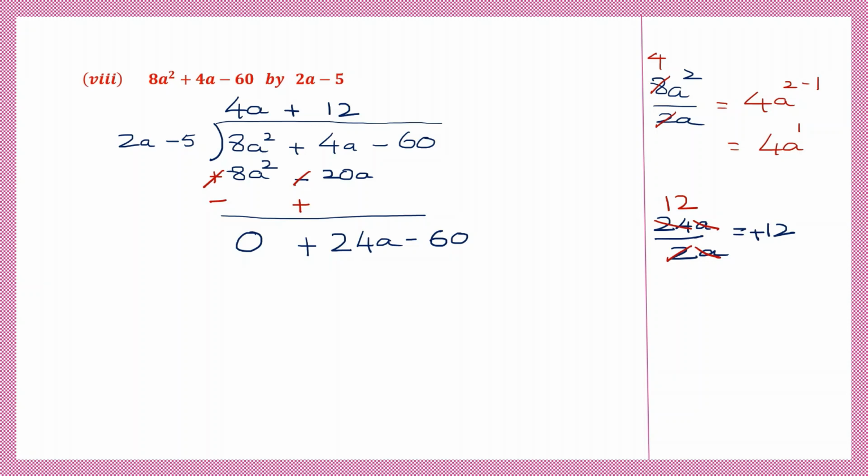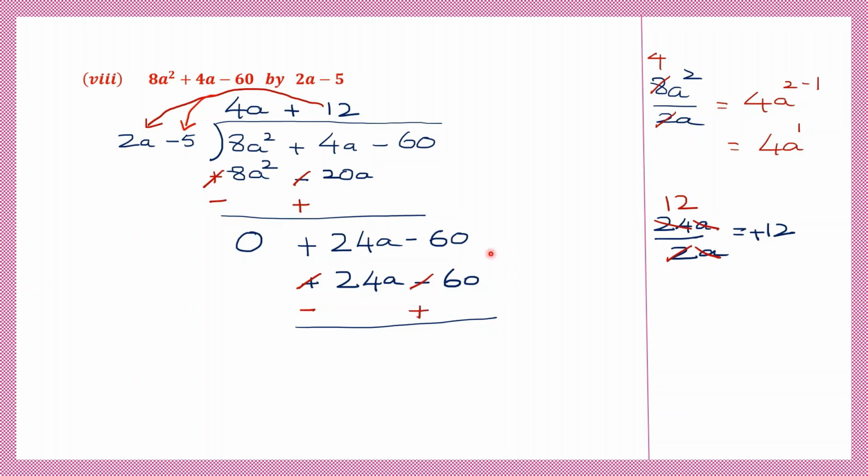Now again I need to multiply 12 into the first term of the divisor, that is 2a. 12 2s are 24, so plus 24a. Now multiply 12 into minus 5. So the sign is minus. 12 5s are 60. So we finish with this. Now we need to subtract. So this changes to minus and minus changes to plus.